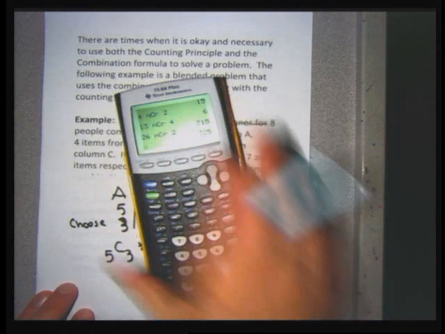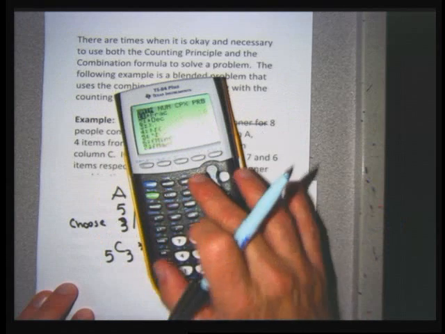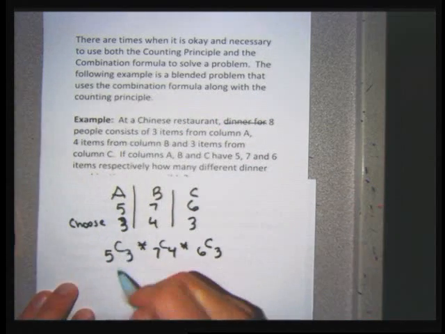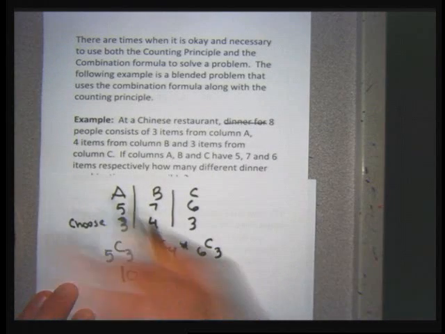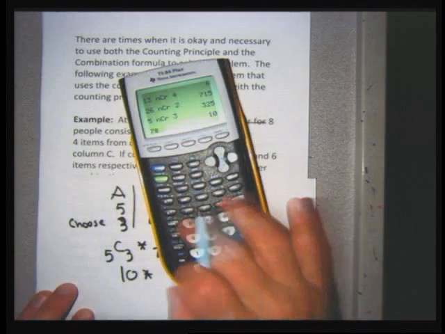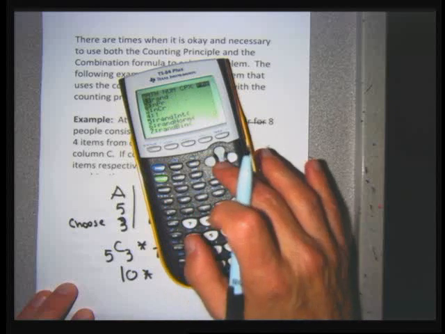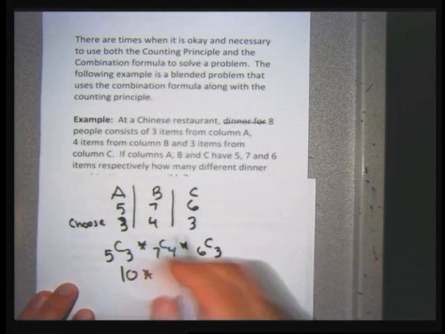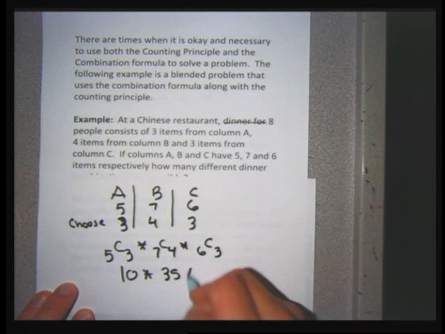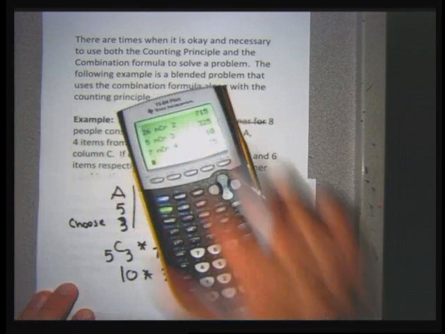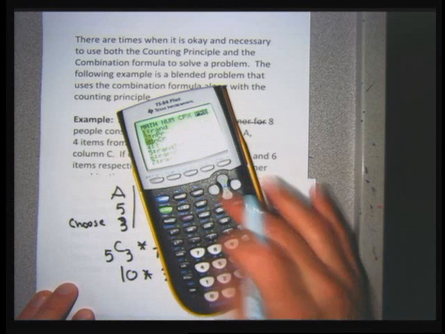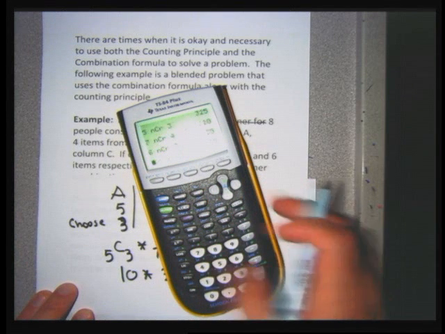So on my calculator, I'm going to go 5 math, choose 3, which is 10, and then 7 math, choose 4, which is 35. And then 6 math, choose 3, which is 30.